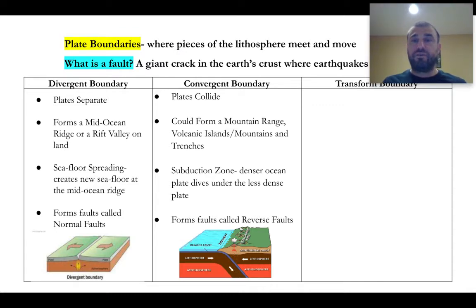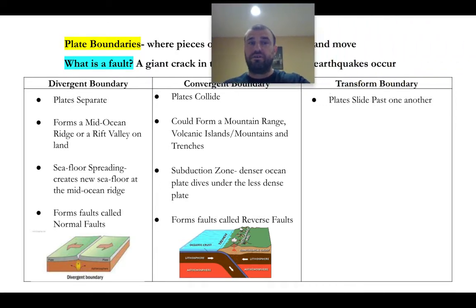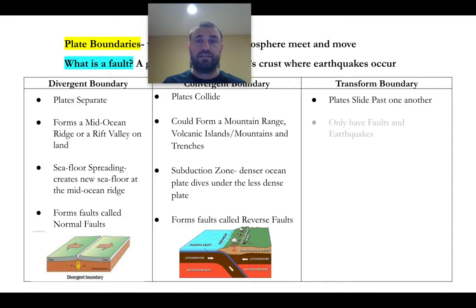The last major plate boundary is called transform. So plates aren't colliding and they're not separating. Instead, they're sliding past one another. Since they're going sideways and not colliding, see, if it collides, something can go down, or things can buckle upwards.